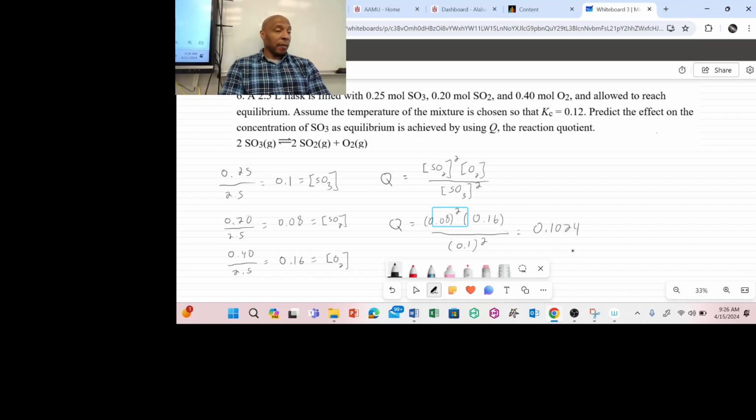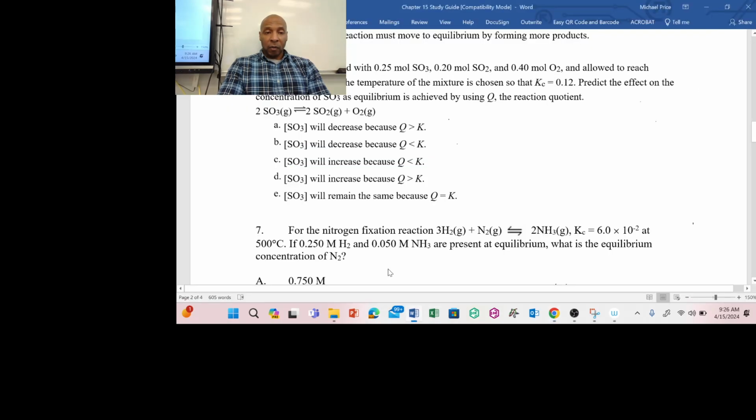Y'all follow me? So if my reactant concentration decreases, the only reactant I have is SO3, and that's what they're asking us about. So I'm going to go back to the options. I know my SO3 concentration is going to decrease. So I'm going to find the one where Q is less than K and the SO3 concentration will decrease, and that's going to be V, isn't it?